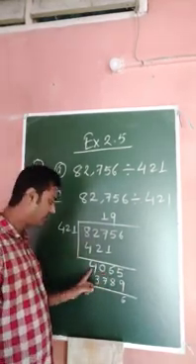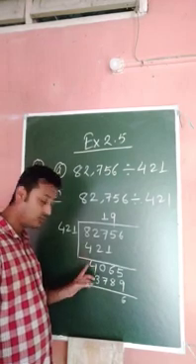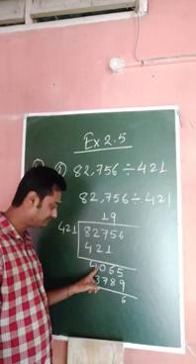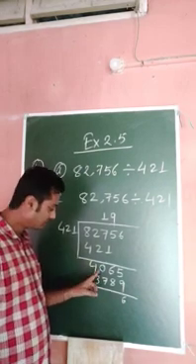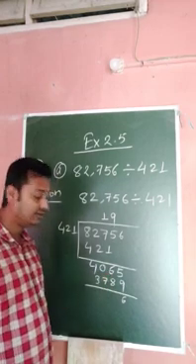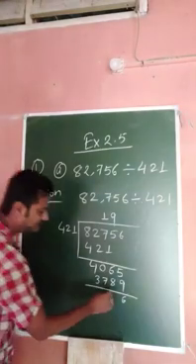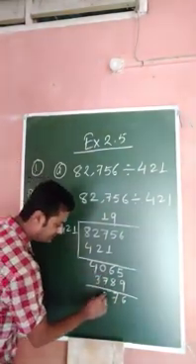So you take 1 from this number 4, and that 1 comes here, so it becomes 10. Again, originally it was 5, so it becomes 15. 15 minus 8 becomes 7, and it remains as 9. So 9 minus 7 becomes 2.